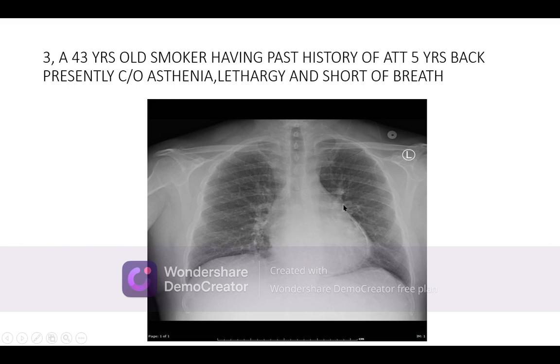There's nothing. There are bronchovascular markings coming out from the hila, and this is normal. There is nothing visible here. The cardiophrenic and costophrenic angles are clear. It means lungs are clear.